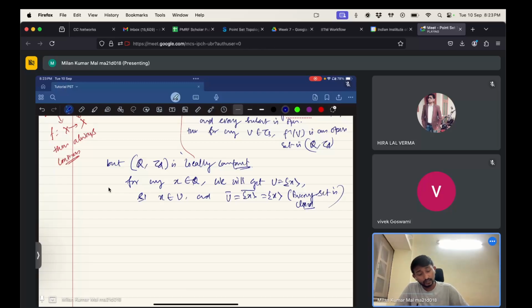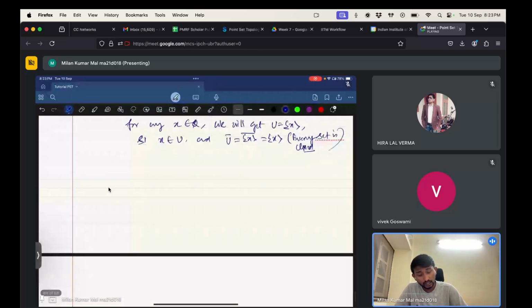So U closure is compact. Why is this compact? Because the set has a finite subcover.